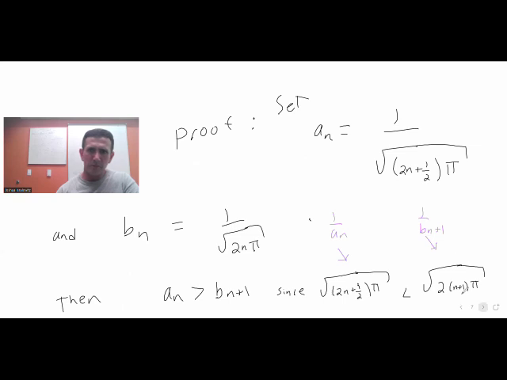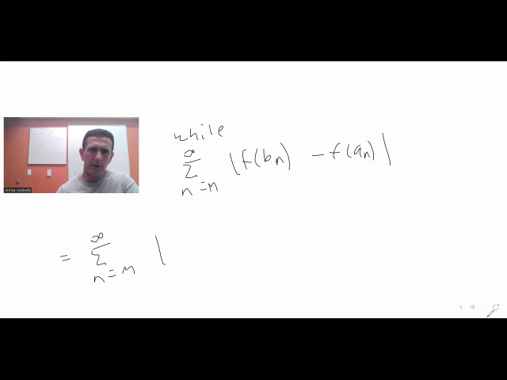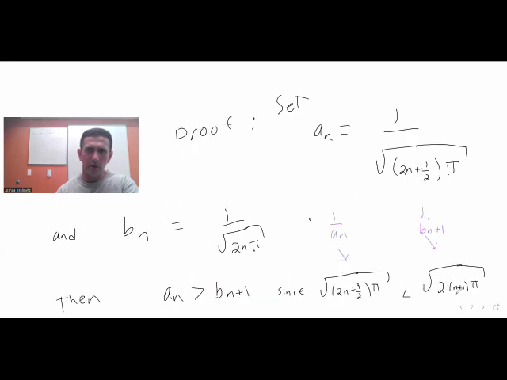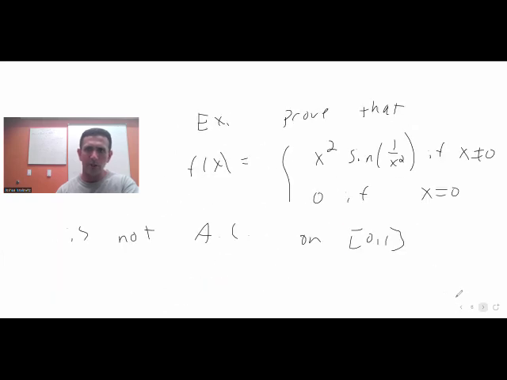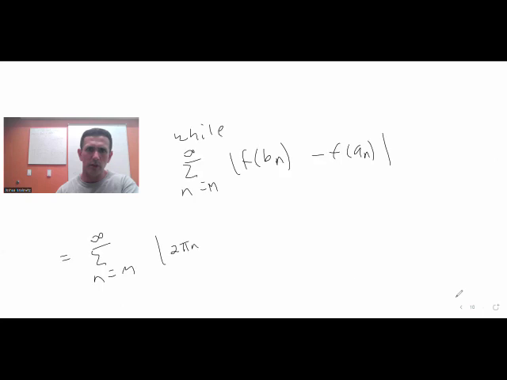So 1 over bn squared is just 2 pi n. Sorry, so the function is x squared sine 1 over x squared. And none of these are 0, so we're always going to be using x squared sine 1 over x squared.